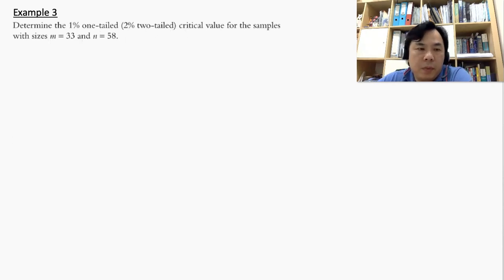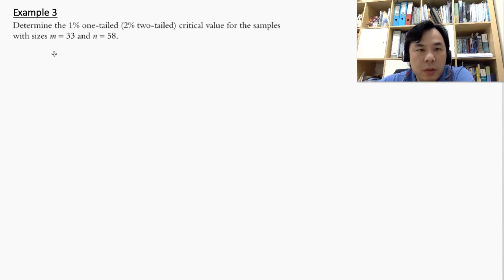So how are we going to do that? First of all, because the sizes already exceed 10, we have to use a normal approximation in this case. We're going to determine the mean and variance.